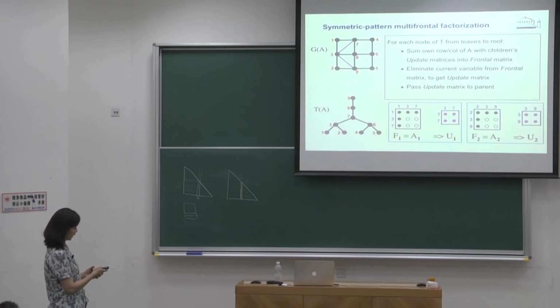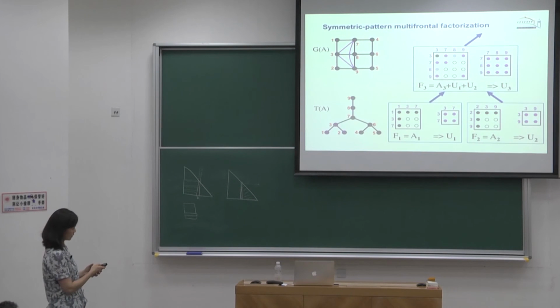So the next step is to merge these: the U1 matrix is passed to the parent, and the U2 matrix is passed to the parent. In this case, the parent is 3, right? So at node 3, we have to take the U1 matrix, which is 3, 7, this piece, and U2, which is 3, 9, this piece.